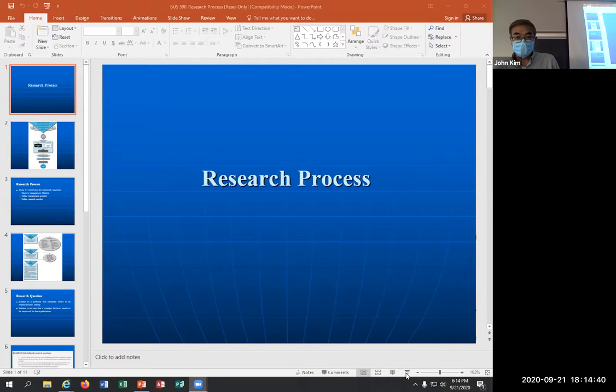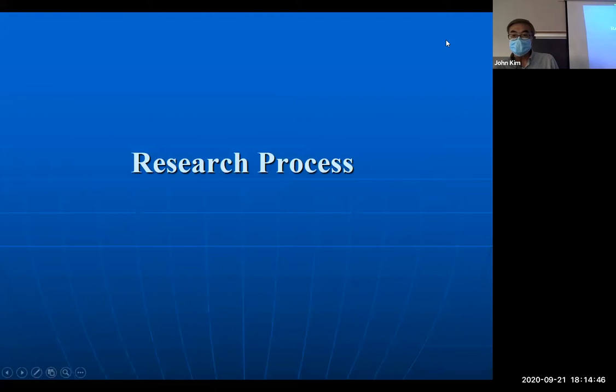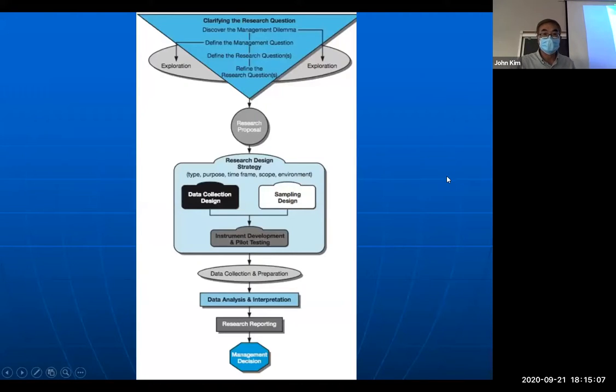we will talk about the research process. When we do research, it's kind of steps. First, do something and so on, kind of steps. The first step is clarifying the research question. So now you have decided a research topic.